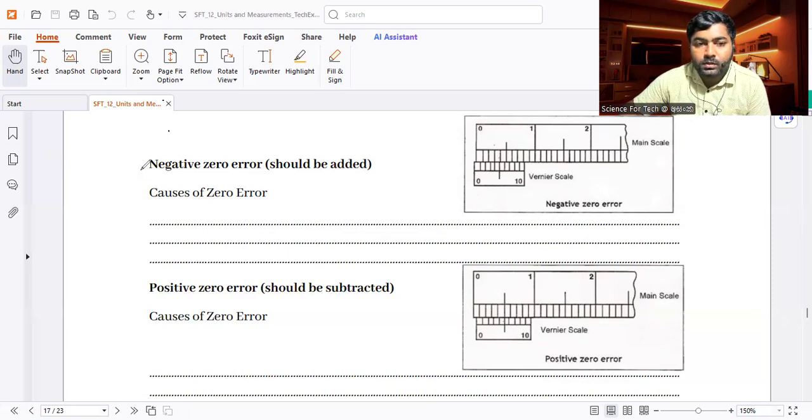That means there are two kinds of errors. First one is negative zero error, second one is positive zero error.